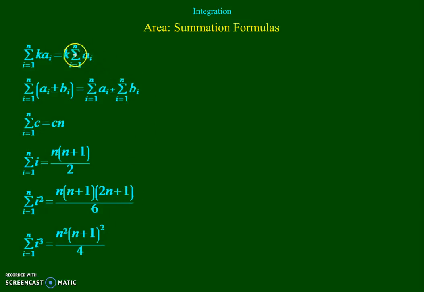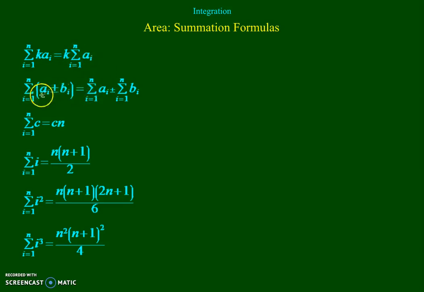In this first formula, we have some constant times the ith term of our summation. Now, because this constant has no counting index, it really doesn't enter into the summation process. So we can pull that constant out and multiply it by whatever the result of that sum is.